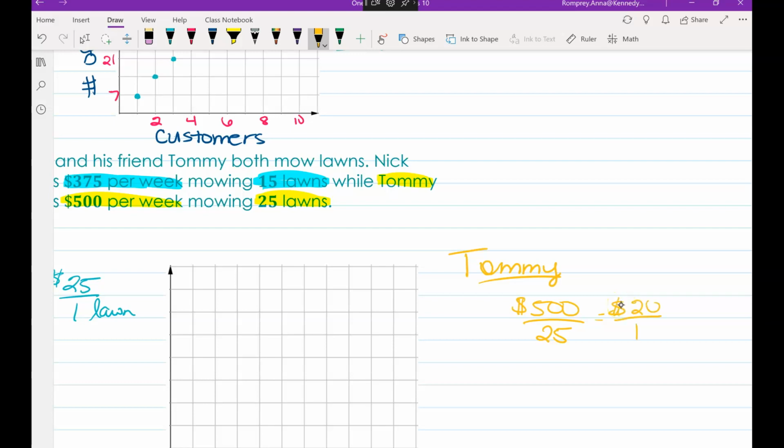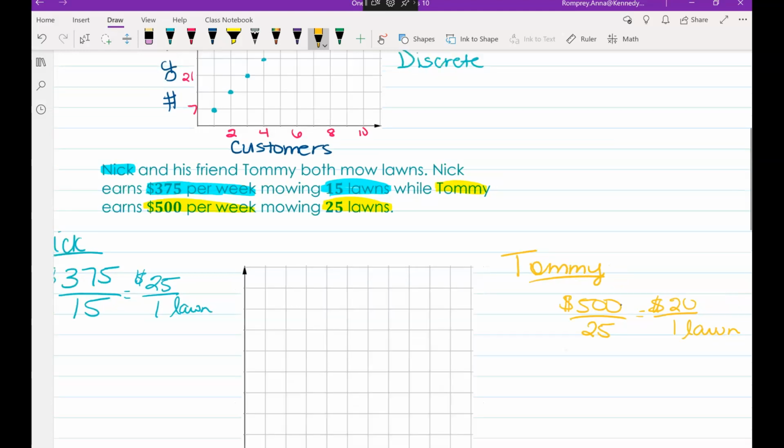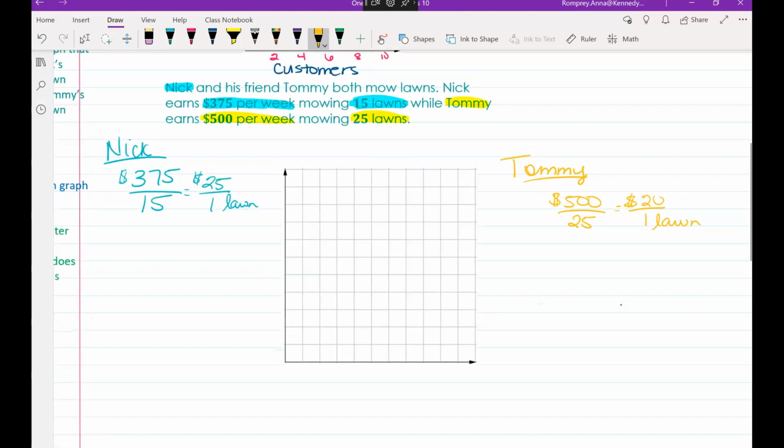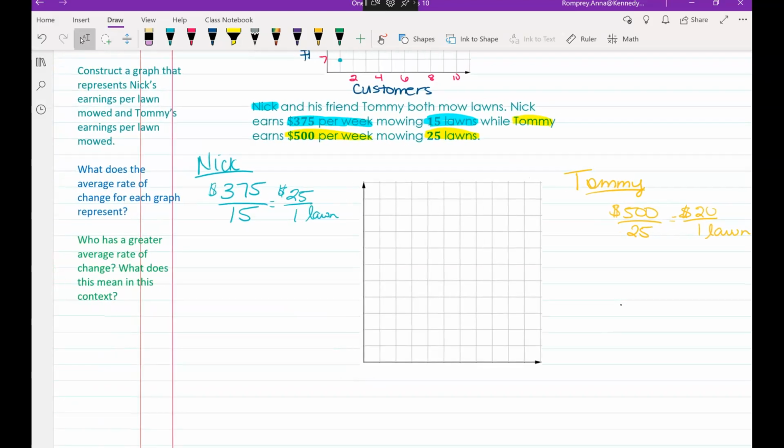So $20 per lawn. Okay, so Tommy charges less, so he's got a smaller unit rate. However, he's got more accounts, so he's able to mow more lawns, hence he's able to make some more money. So that's where you've got to figure out what's the best deal, charging more or charging less.